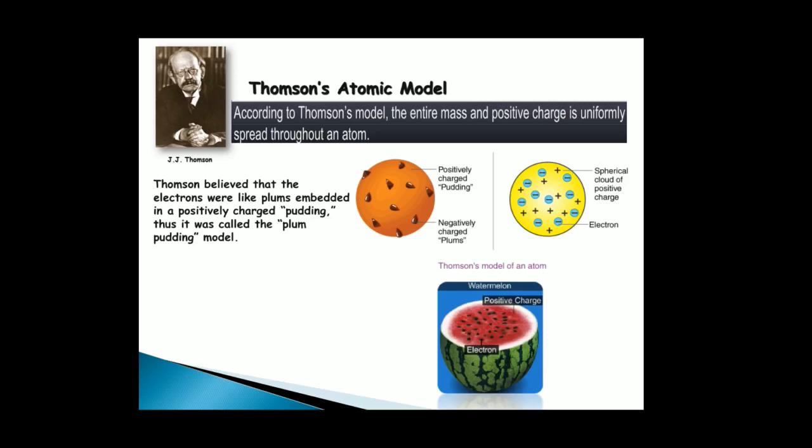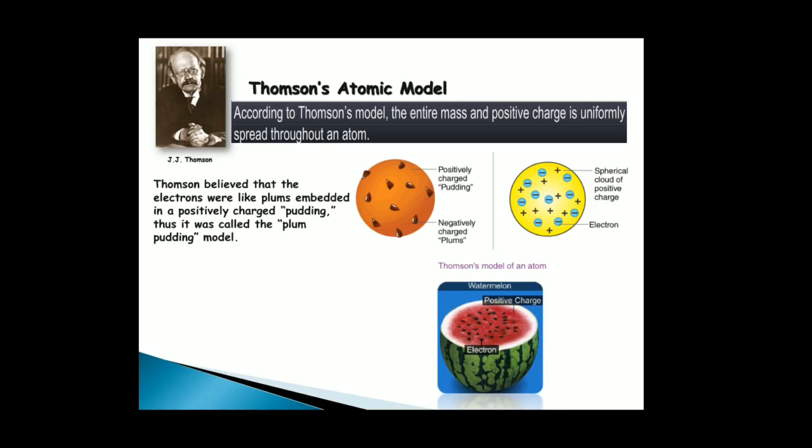So Thomson's atomic model is also called the watermelon model, because the seeds are nothing but the electrons, and the reddish part is the positive charge.